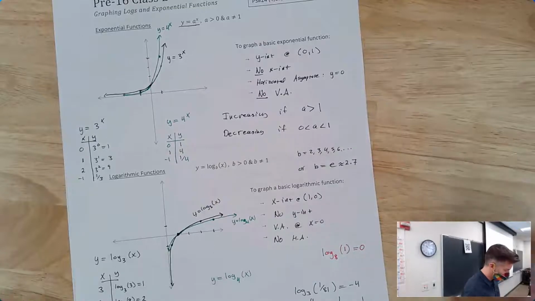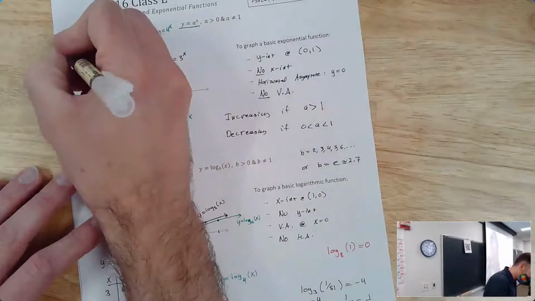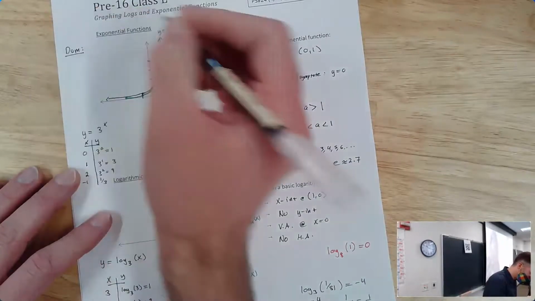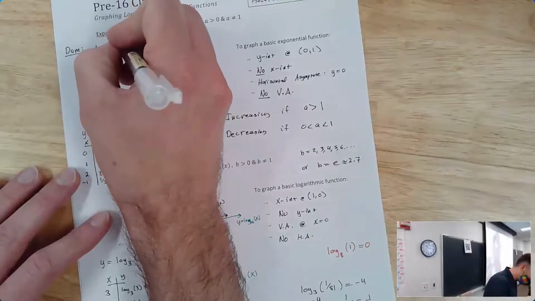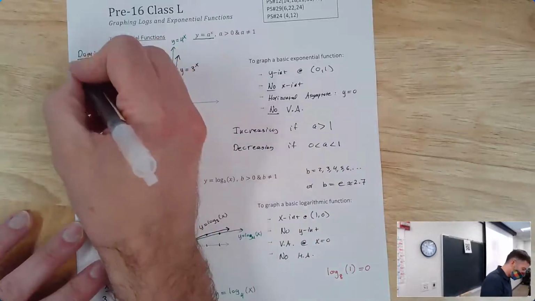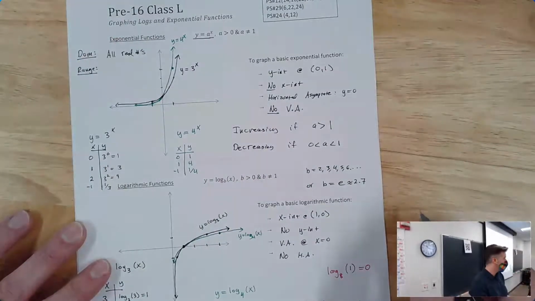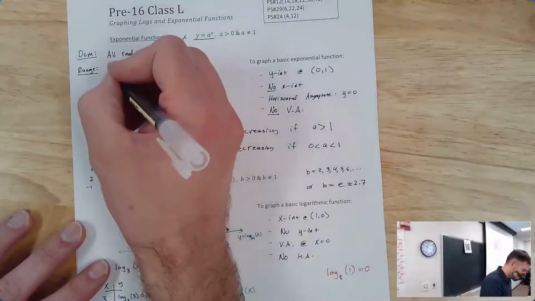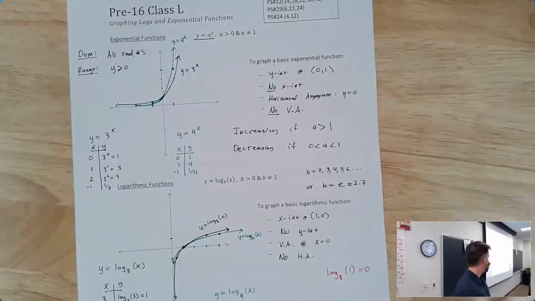The last things I want to say before we move to the next page is for exponential functions, the domain is all x values, all real numbers. The range, you get all positive numbers. So the range is y has to be greater than 0. And just like everything else, the x and the y things are going to switch.